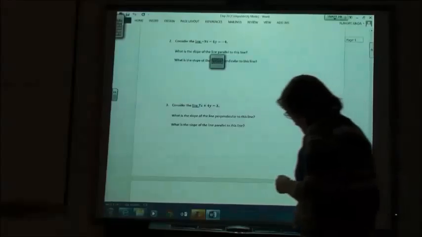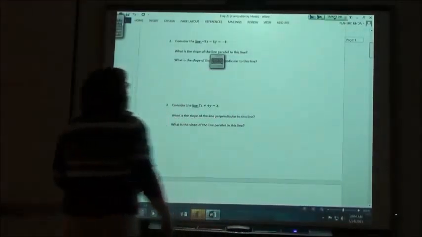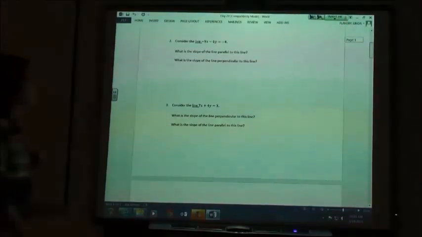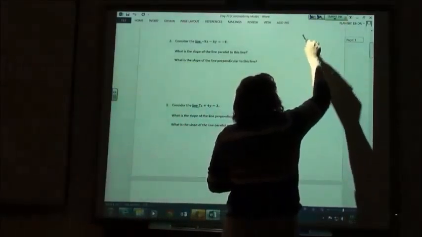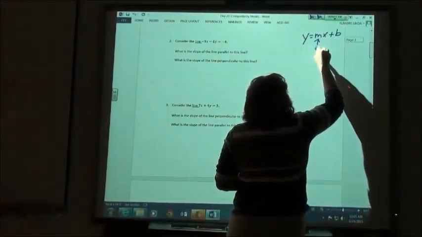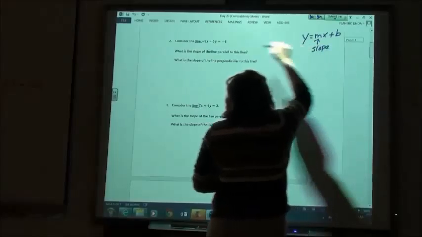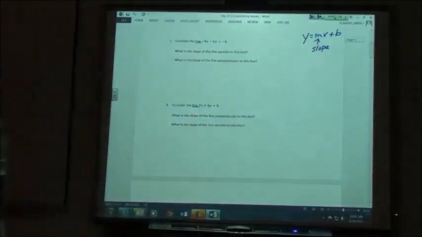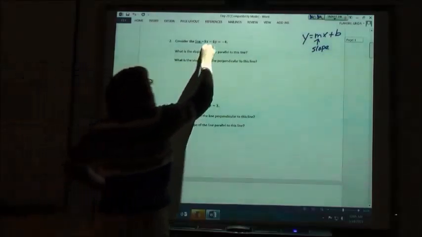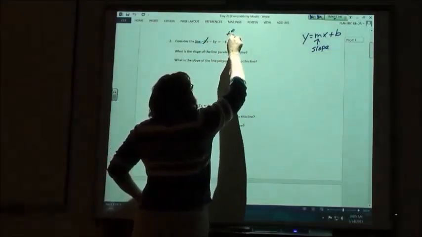Exactly. So, we want to find the slope of the line that's parallel and perpendicular to the given line. In order to find the slope of the line, we got to get it in the right form, so that we know which one is our slope. And so what are we going to do with our equation? We're going to move the 9x to the right to become positive.